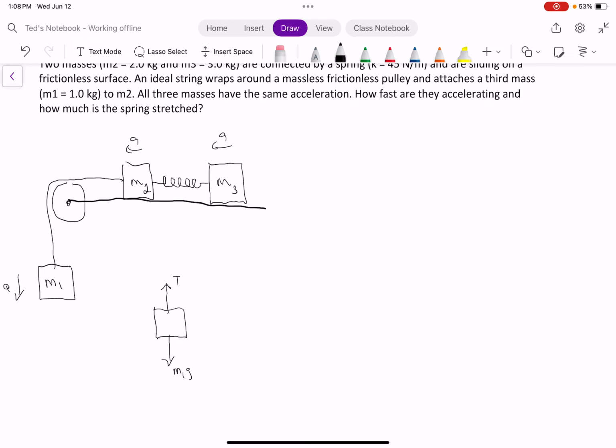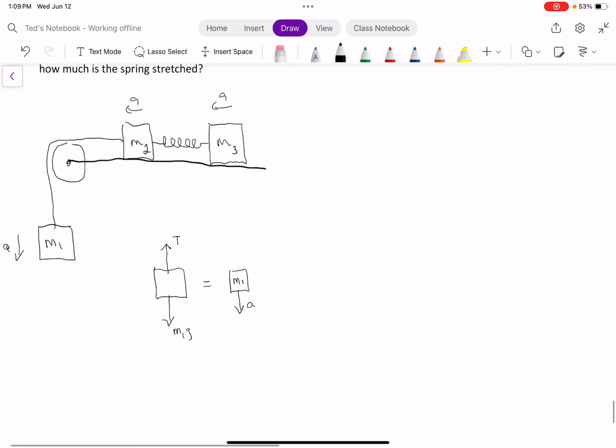And those are the only two forces on M1, and so I set that equal to M1 times the acceleration, and for M1 we know the acceleration goes down, so I'm going to draw that as a downward arrow. Okay, so that's a picture equation for M1.